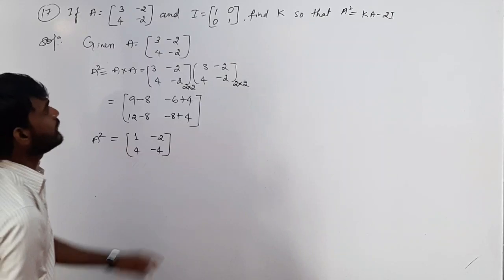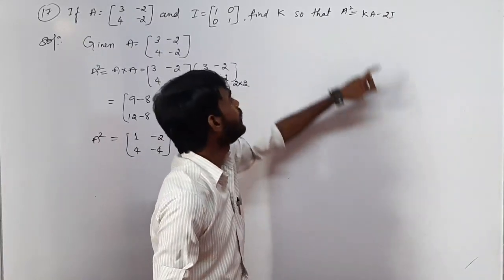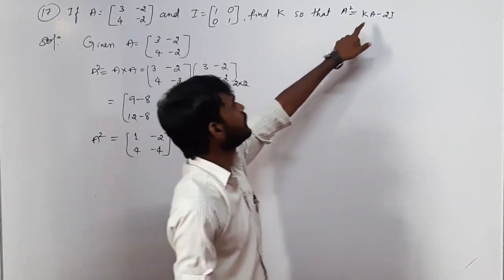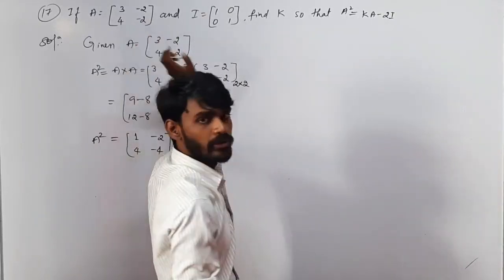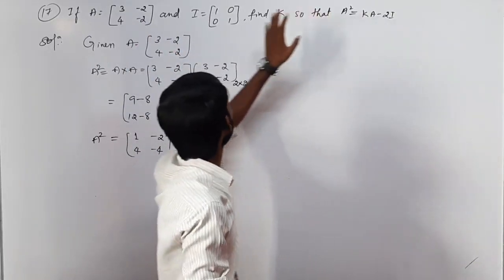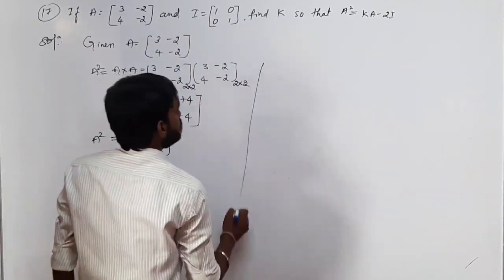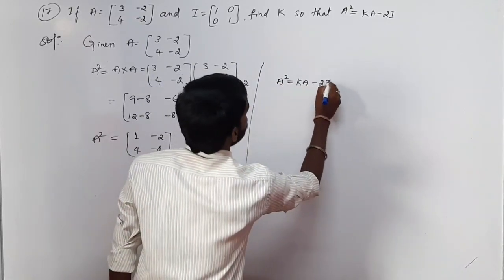Okay. So now we can take the equation A squared is equal to kA minus 2I. Already we have found the value of A squared. And we know that k is a scalar constant, A is a square matrix, and I is an identity matrix of second order, right? So now A squared is equal to kA minus 2I.